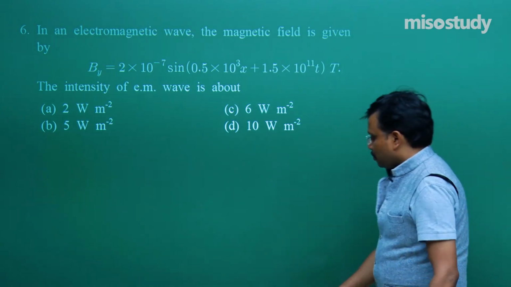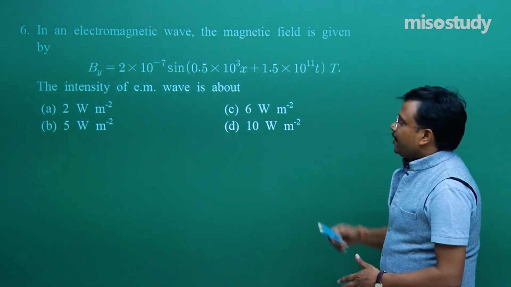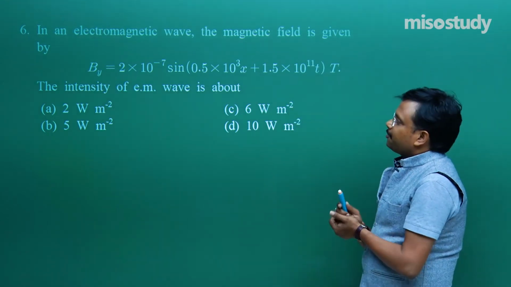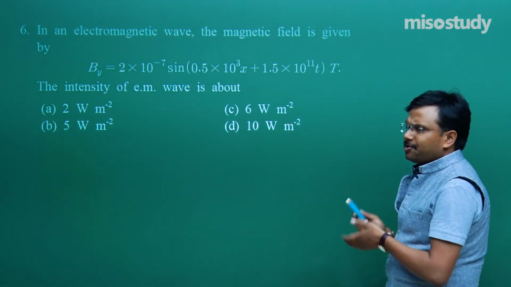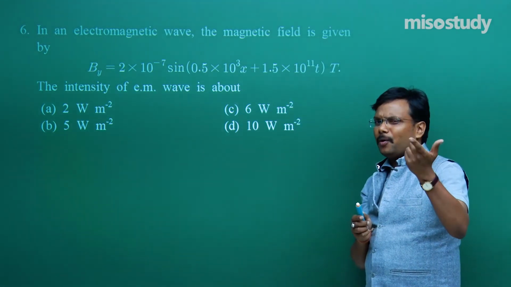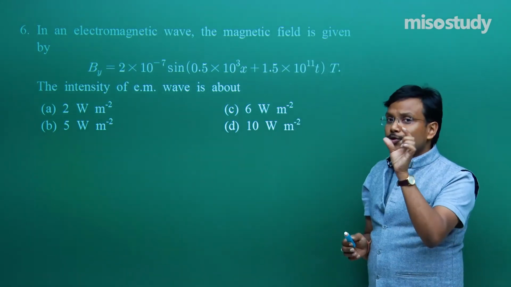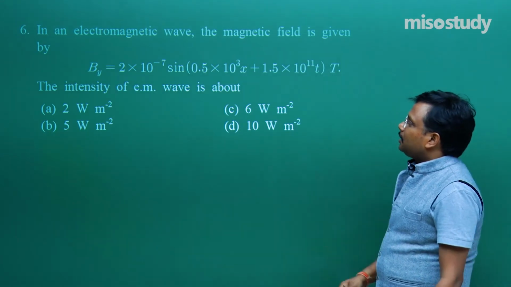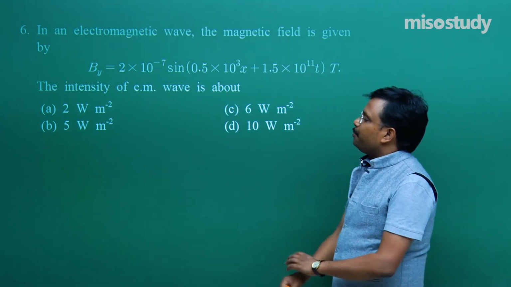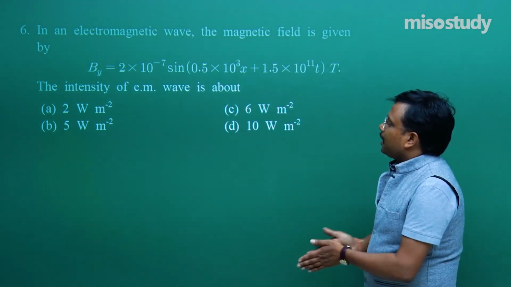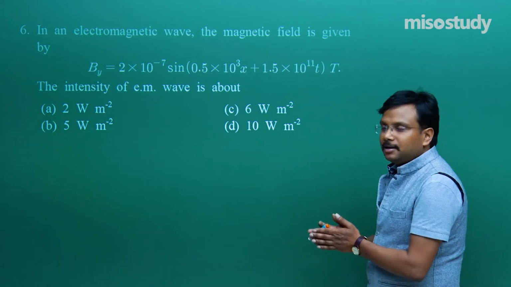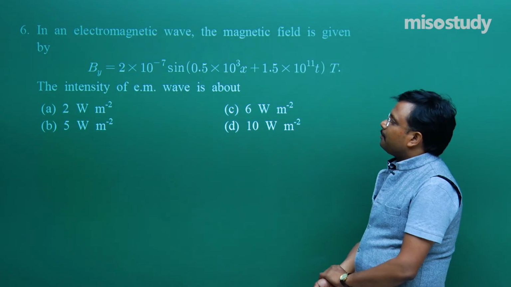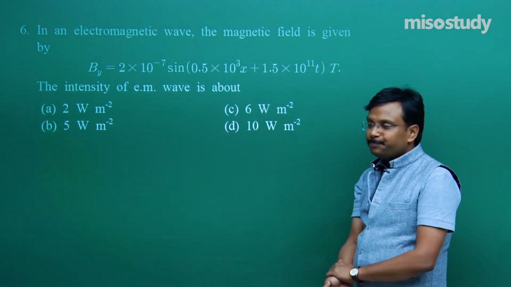And here it is your question number 6. Yes, I used this magnetic field expression similar to what I used in question number 1, because my idea is to show you something. Fine, it is not important what the number is. Ultimately the equation is By is equal to B naught sin of kx plus omega t. In an electromagnetic wave, the magnetic field is given by this expression.